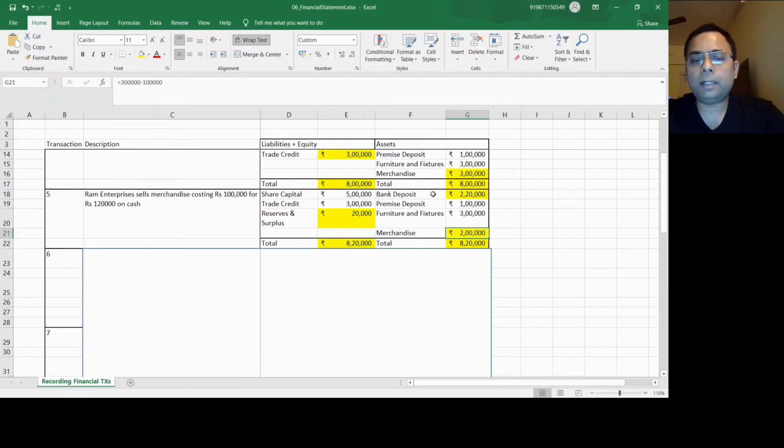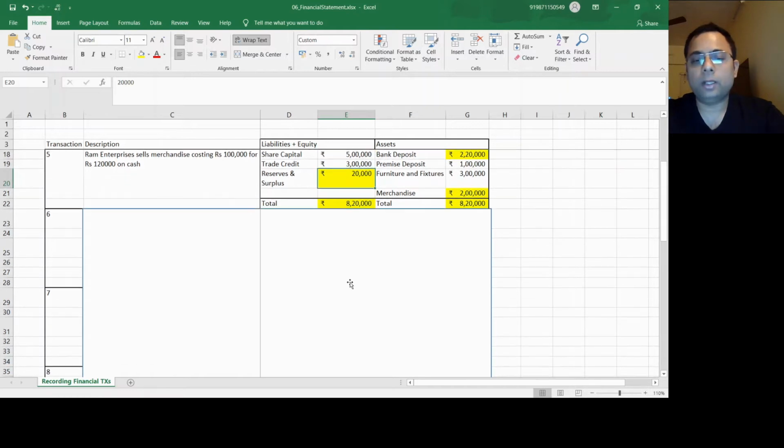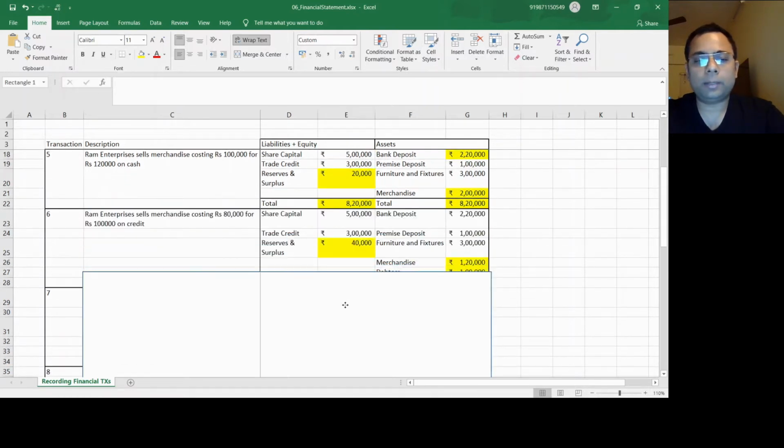Since it is sold in cash, bank deposit immediately increases by 1 lakh 20,000, from 3 lakh to 4 lakh 20,000. The 20,000 surplus gets added as reserves and surplus. So the total becomes 8 lakh 20,000 up till now.